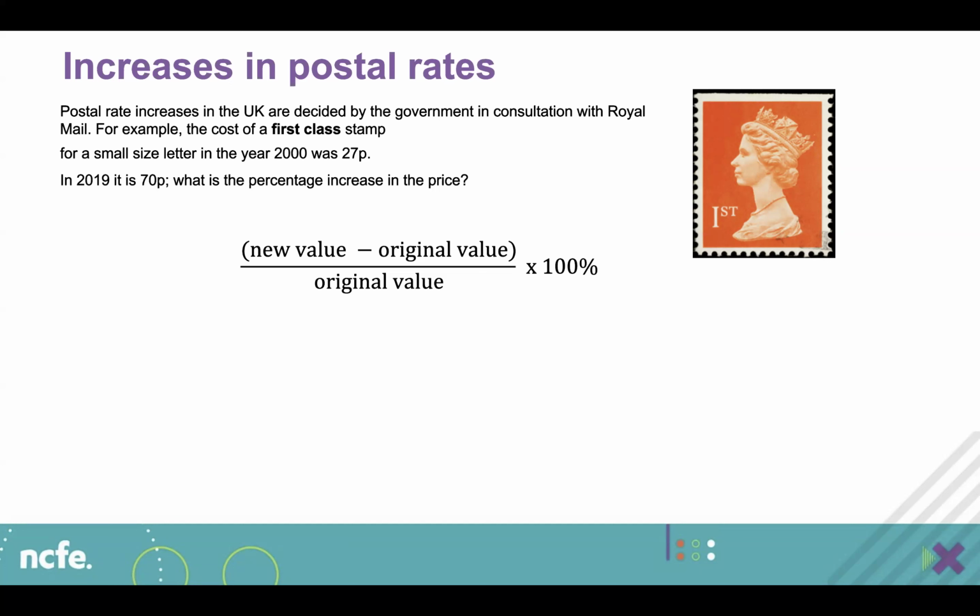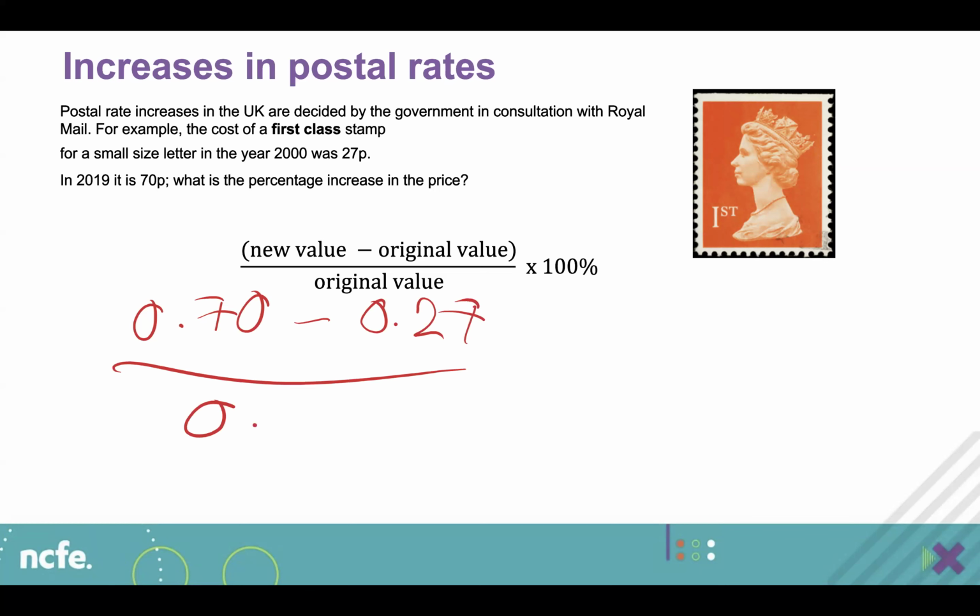So again, what we do is the new value is 70 pence, 0.70, take away 0.27, divided by 0.27, times by 100. So what you do is you do the math.